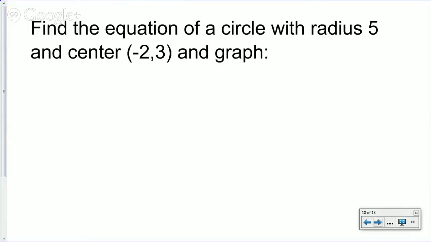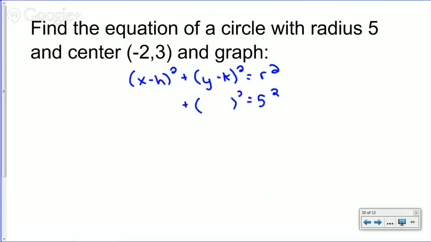So find the equation of a circle with radius 5 and center -2, 3. So in this case, we're going to use the equation, and we're just plugging things in. So radius is 5, so that's 5 squared plus, so again, this is h and k.